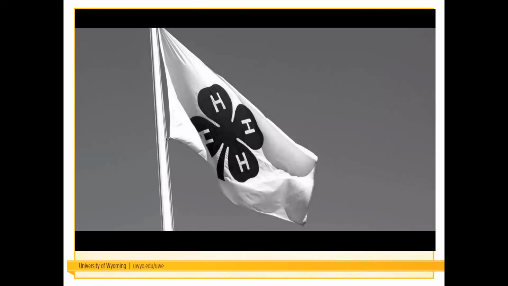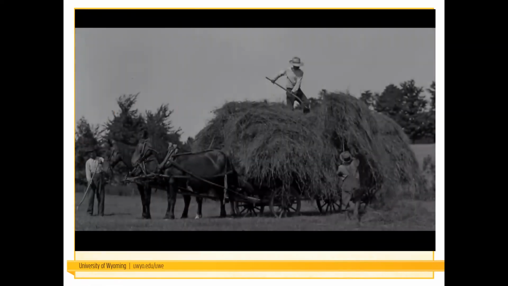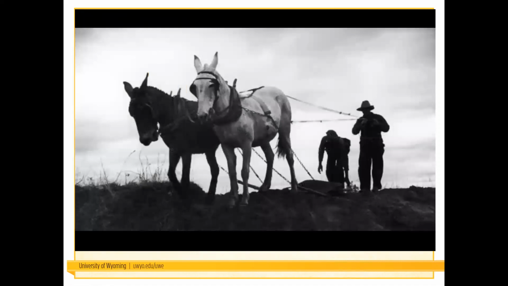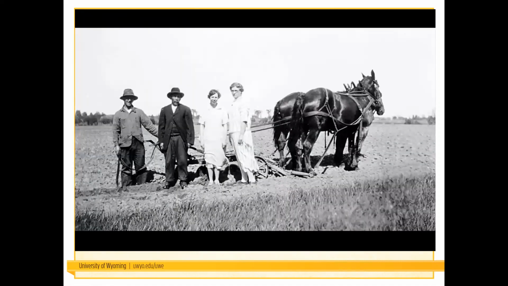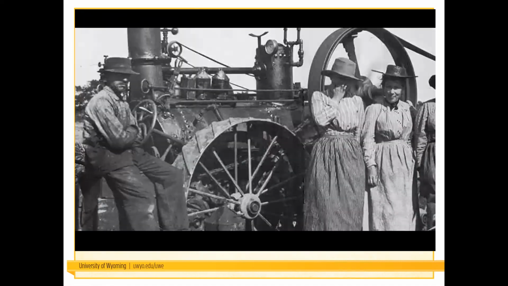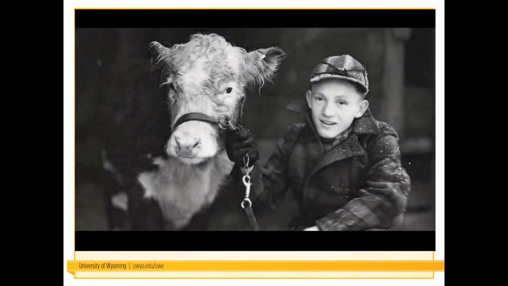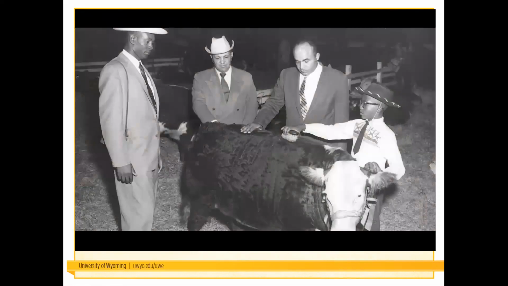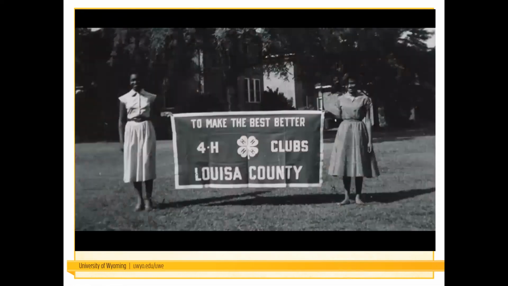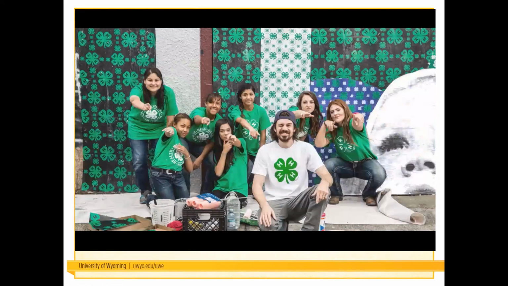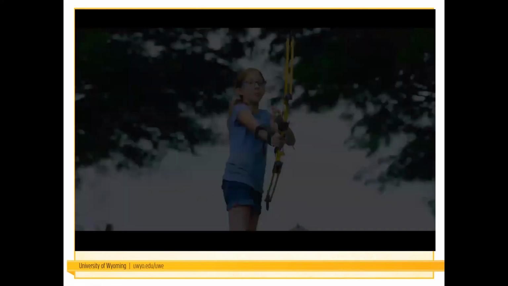It began with the seed of an idea. In 1902, the heartland needed folks to embrace new advances in agriculture. But leaders with open minds, strong hearts, and willing hands weren't in abundance. Luckily, kids were. By empowering the next generation to lead, 4-H took root and grew and grew and grew.